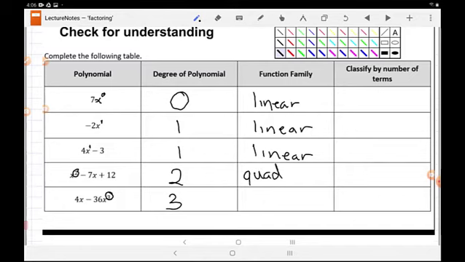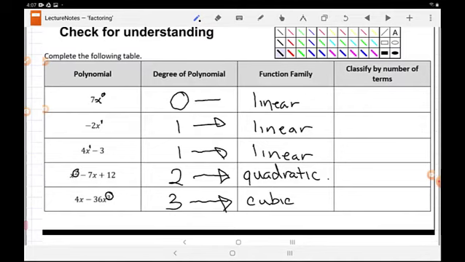And if you remember from earlier in the year, quadratics are U-shaped graphs, so they look like a U. And the last one, degree 3, will be cubic. So what you need to remember is that degree 3 polynomials always form a cubic. Degree 2 polynomials always form quadratic graphs. Degree 1 will always form linear graphs, and constants will always make horizontal lines. That's going to be linear also.